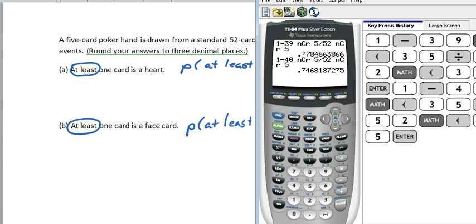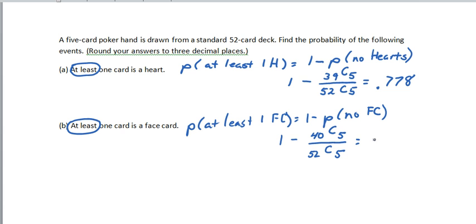Enter, and we're getting just under 75%, 0.747. Is the probability that at least one card is a face card.